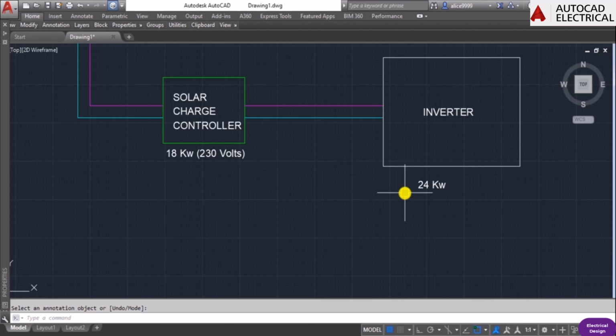In case the appliance type is a motor or compressor, then the inverter size should be a minimum of 3 times the capacity of those appliances. Because a motor has a torque load, and at the starting point the torque load takes double or triple the normal power.